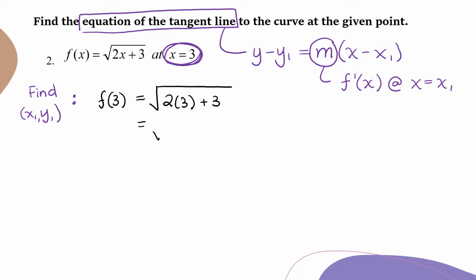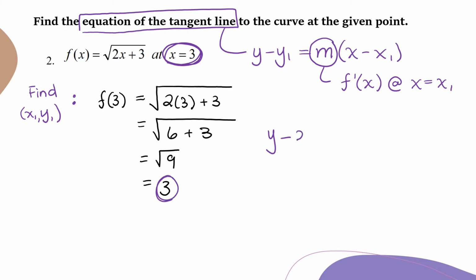So this is equal to the square root of 6 plus 3, which is the square root of 9, which is equal to 3. So far we have y minus y1, which is this 3, is equal to m times x minus x1, which is this 3.